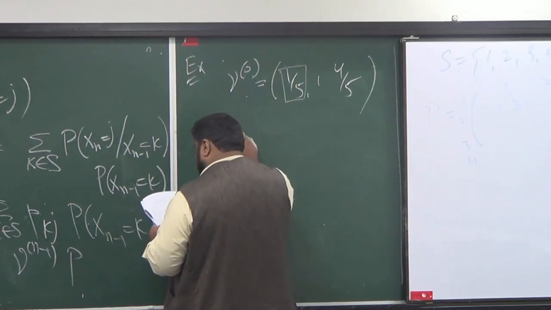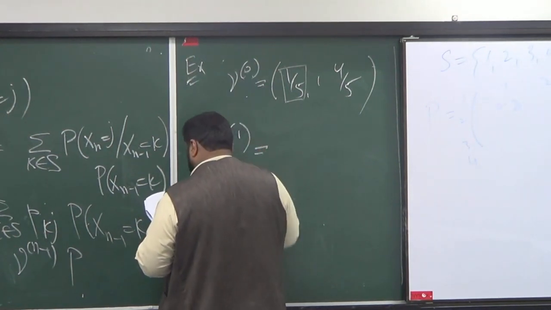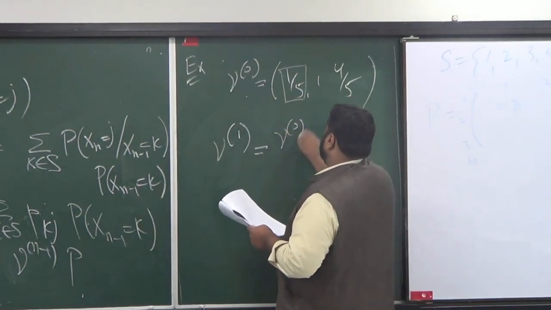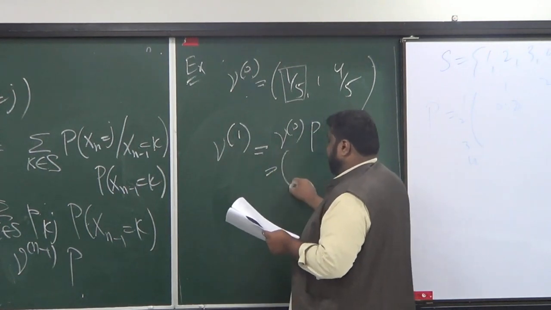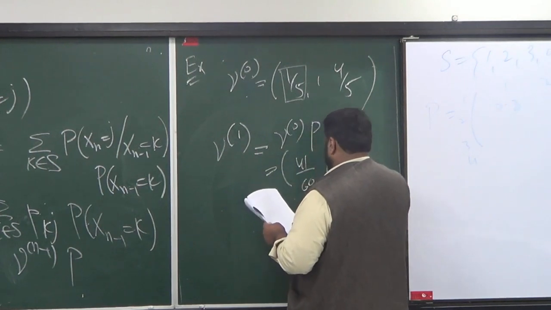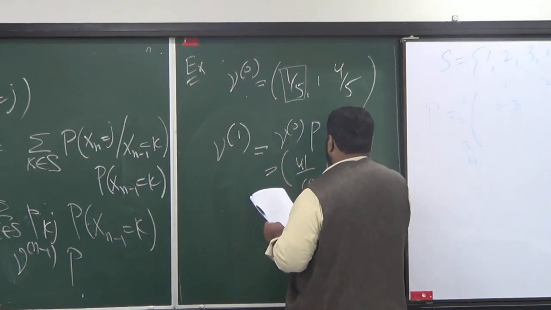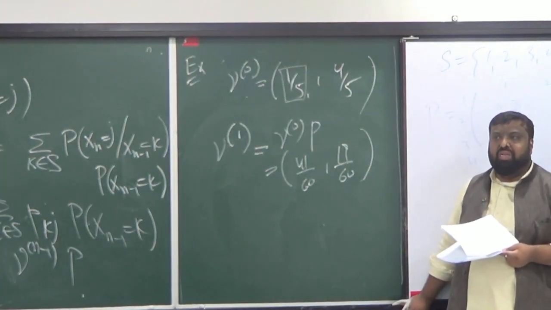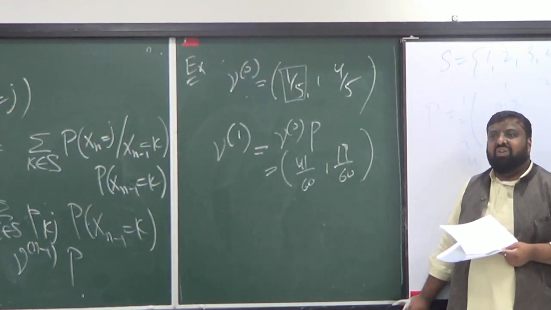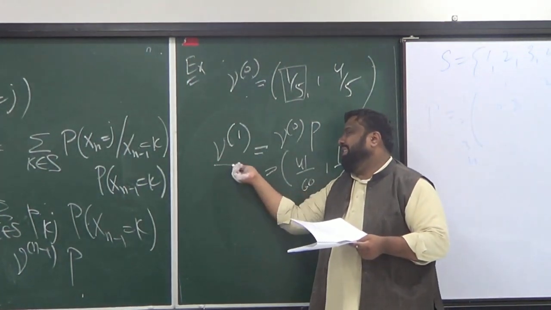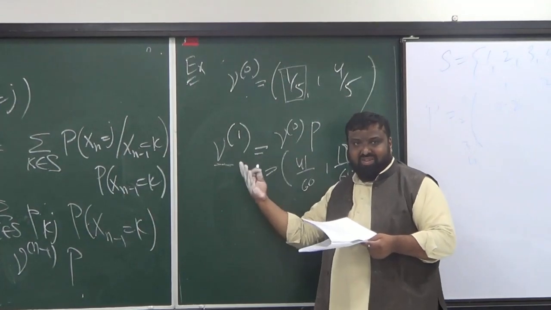And then I can ask, for example, what is going to be mu1? So I take mu naught multiplied by the transition matrix. I'm not interested in the calculation, I'm just writing it: 41 by 60 and 19 by 60. The transition matrix allows you to make predictions.